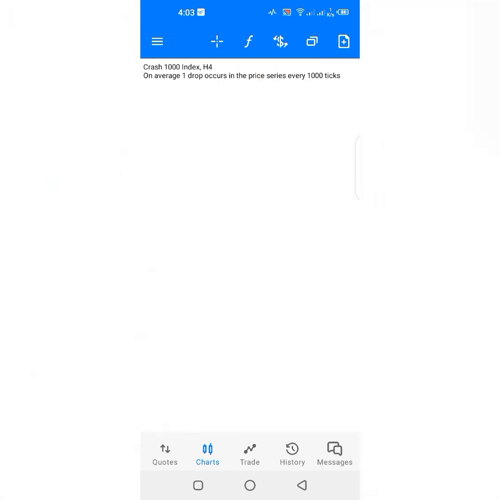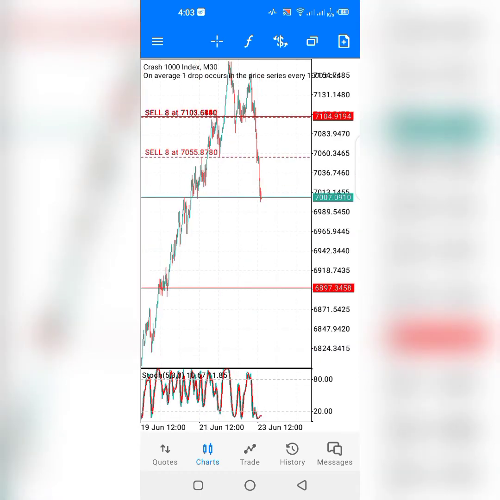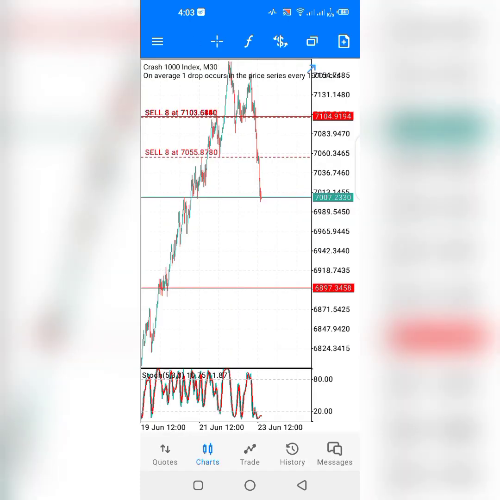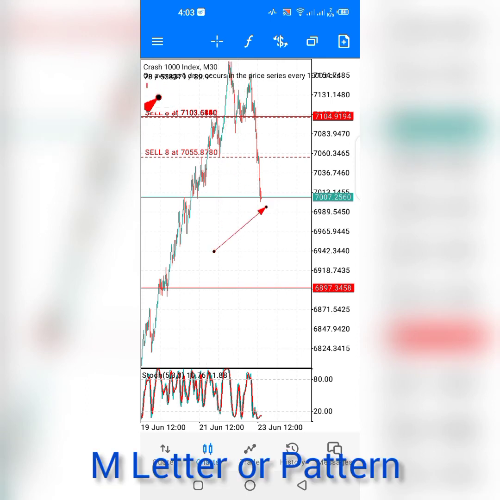So guys, this is it for this, and as you can see, it's the behavior of Crash 1000 index on M30 time frame. You can see it's making sense. So you can see we have the completion of an M pattern. You see it comes down, goes up, then comes back down.